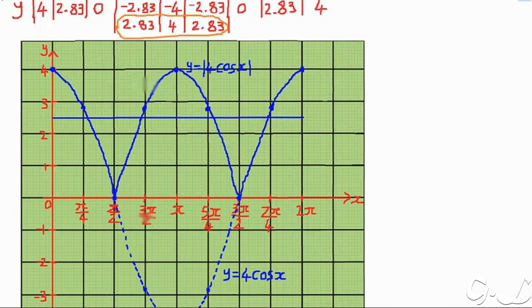And then we were given another equation, y is equal to 2.5. So this is another line, y is equal to 2.5. Where they intersect, that is the number of solutions.